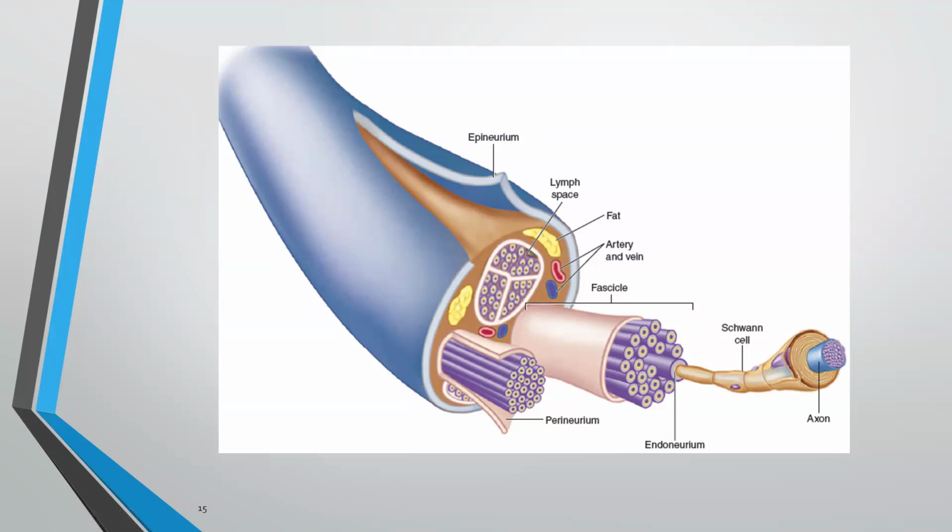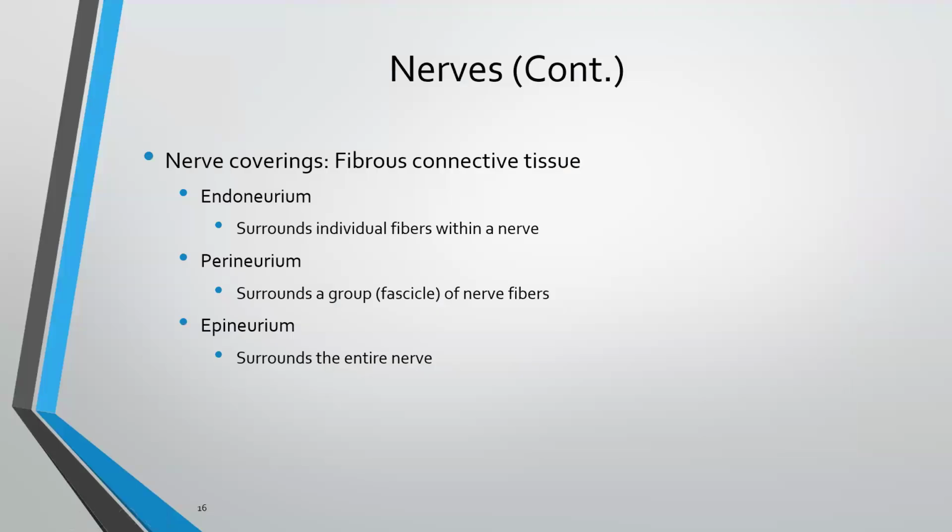And then when you have your whole nerve here, which contains multiple fascicles, the whole entire nerve is surrounded by the epineurium. Okay, so again, we're talking about the endoneurium, perineurium, and epineurium.